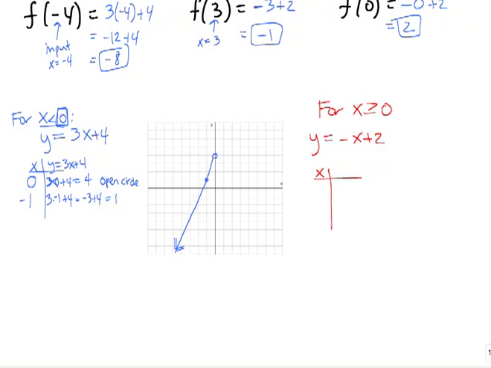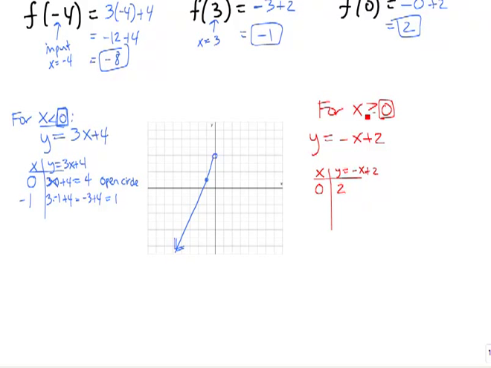So here's my second graph that I want to make, and remember that we're just going to make a little table here, and one very important point that you always want to look at in your table is this breaking point, x greater than or equal to 0. So I definitely want to see what happens at 0. If we plug 0 into our rule, we're going to get -0, which is going to stay 0, plus 2. So this is going to be 0, 2.